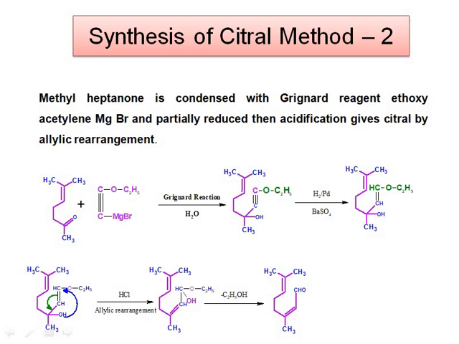So this negative charge attacks on this carbonyl carbon to form negative charge on oxygen. O minus converts to OH as like this. And this chain is attached to this carbon like this, C triple bond this. And then after formation of such intermediate, it can be treated with H2 palladium in presence of BaSO4.